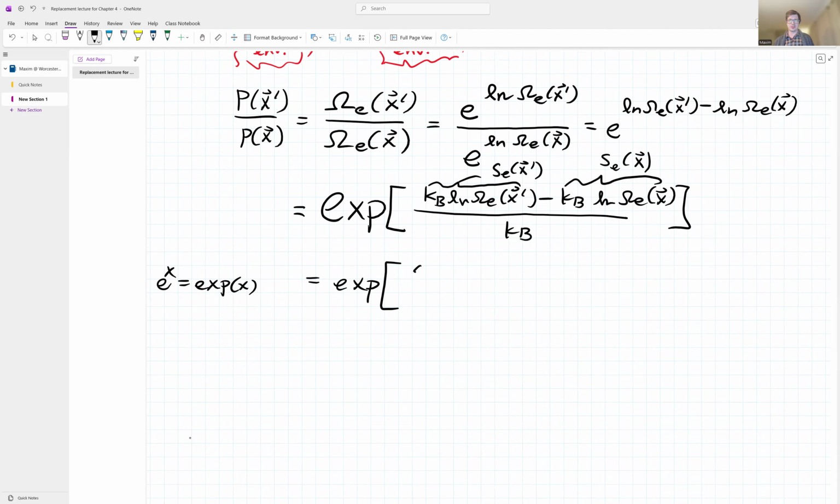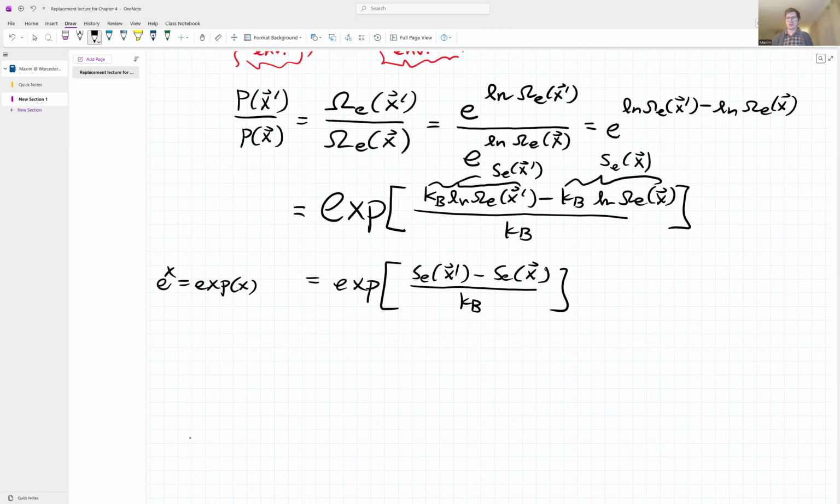So this is the entropy of the environment consistent with state X prime minus the entropy of the environment consistent with state X, all over the Boltzmann constant.